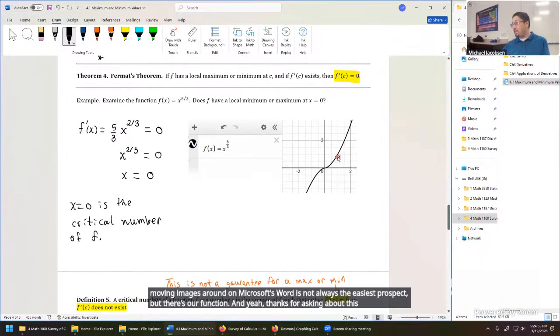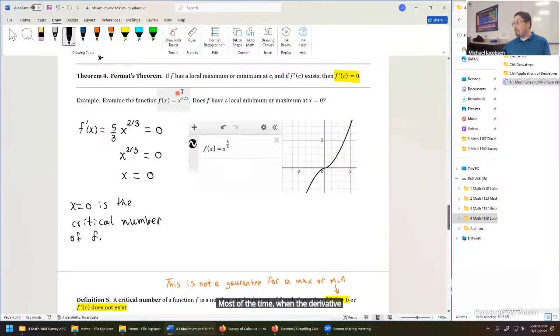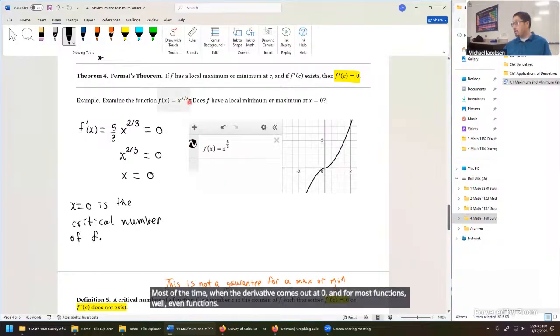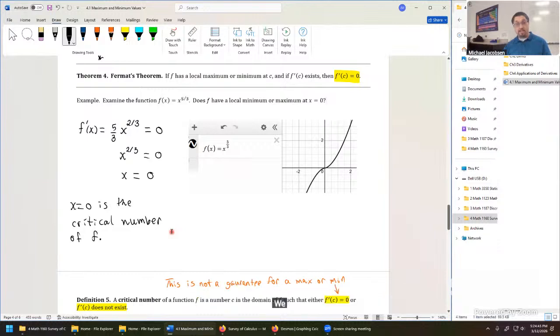This is the thing that's kind of surprising. Most of the time when the derivative comes out as 0, and for most functions, even powered functions, we expect a minimum or a maximum, but not in this case.